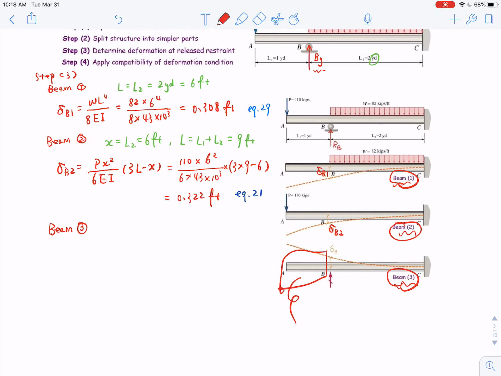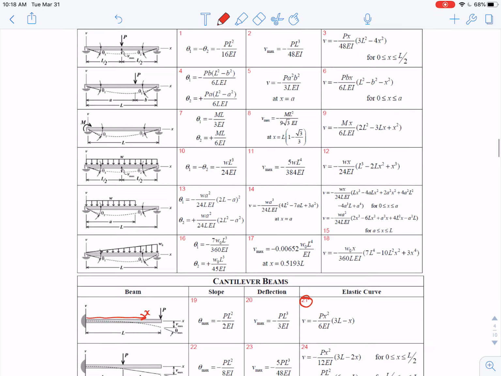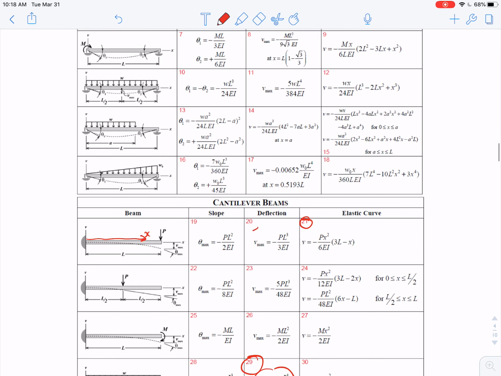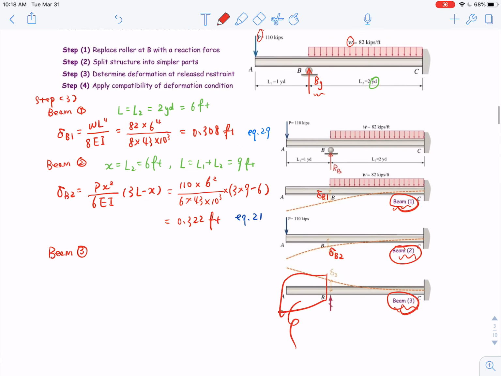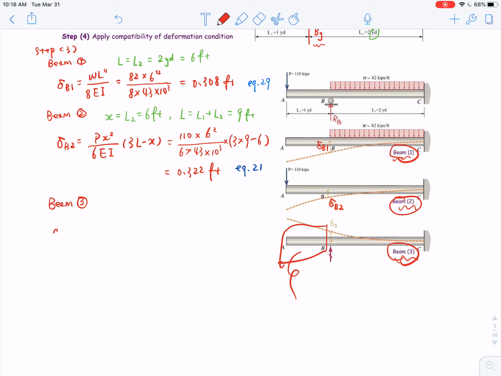It's a cantilever BC subjected to a concentrated load By at point B, the free end. So we'll just use equation 20 in this case. Let's call it delta B3. Delta B3 equals PL cubed over 3EI.